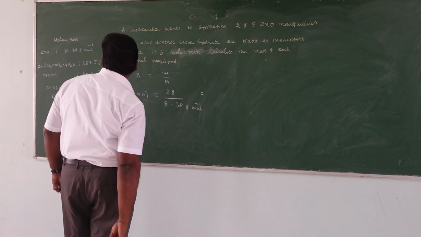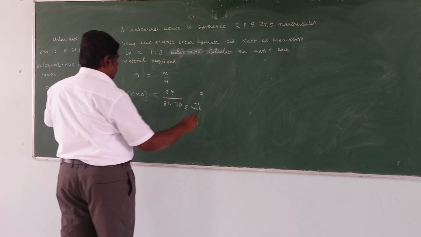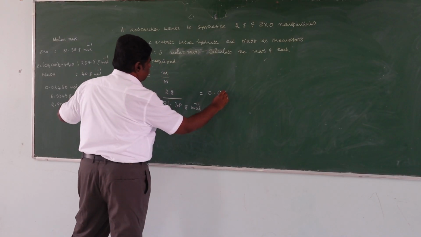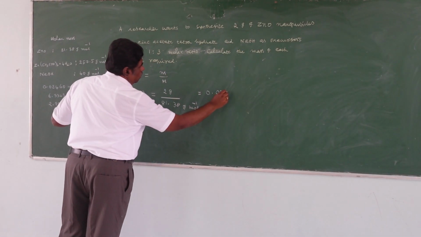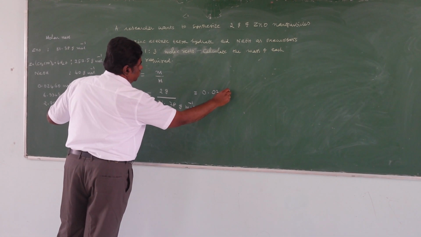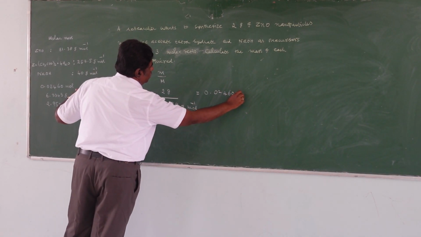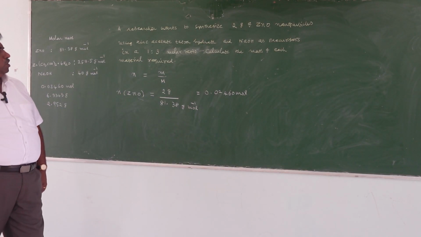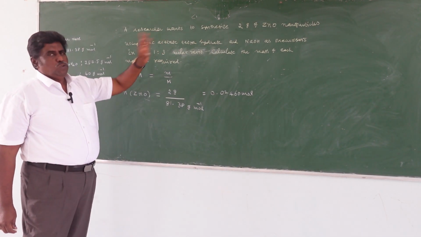If you simplify this, we can get 0.02460 mole. This is the mole of ZnO present in 2 grams.